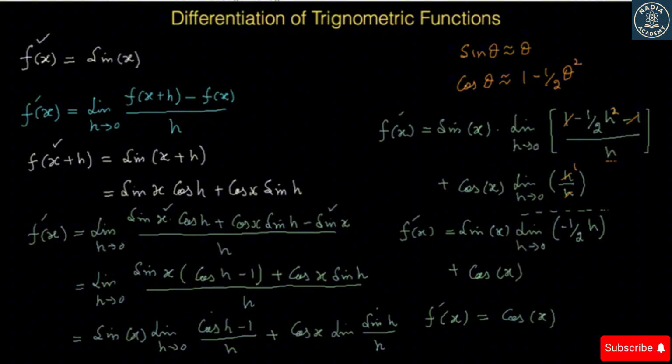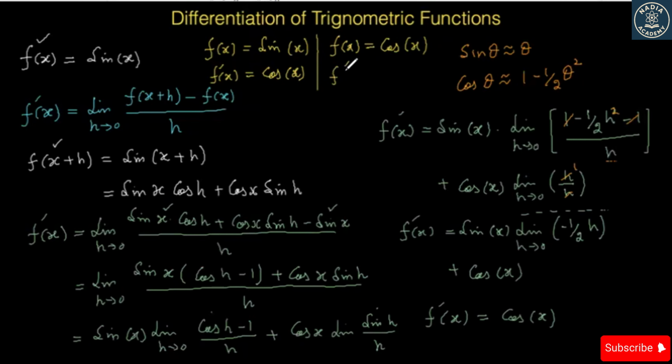So it means that if we have a function f of x equal to sin x, then its first order derivative is equal to cos x. Similarly, you can also prove that for a function f of x equal to cos x, the first order derivative f prime of x will be equal to negative sin x.